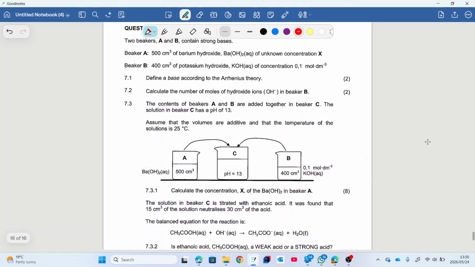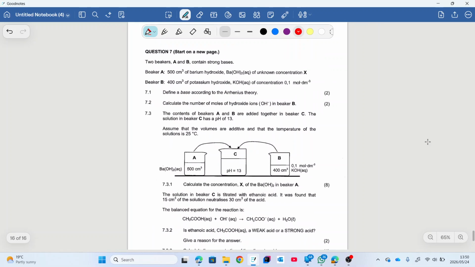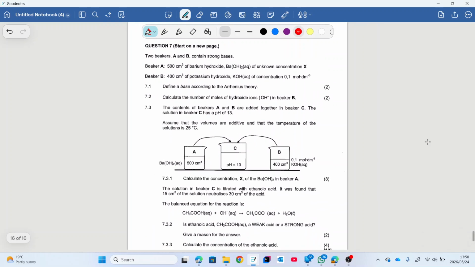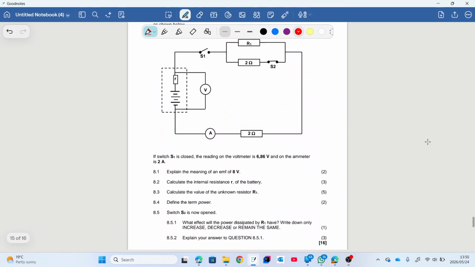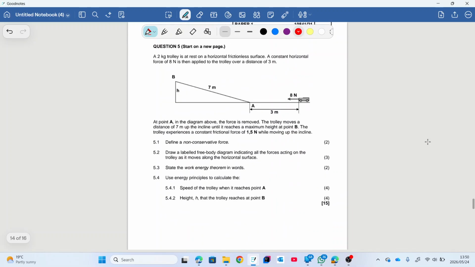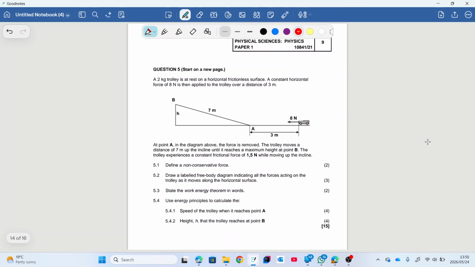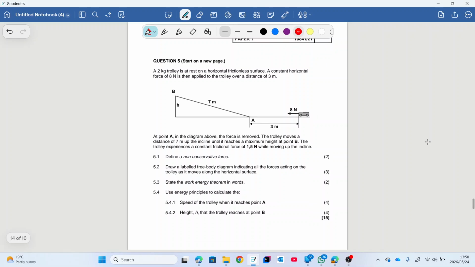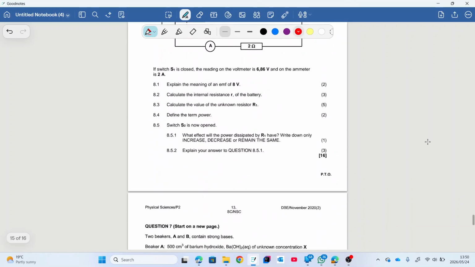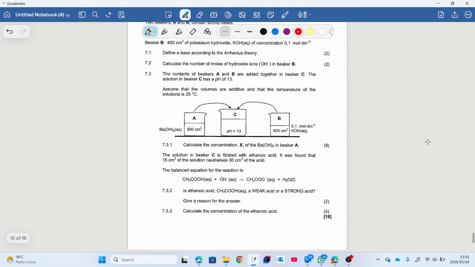This is the one for acid, then this is for electricity. This is for work. Now I'm just going to allow this moment for you to ask me questions.